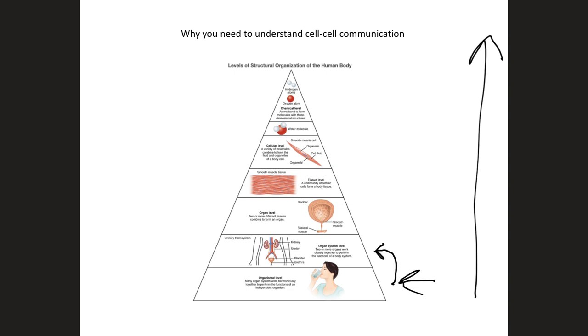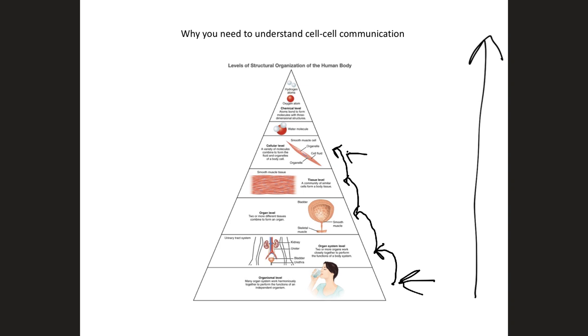Here's a multicellular organism, made of different organ systems, and each organ system has individual organs, and organs are made by tissues, and a tissue is basically a group of cells.